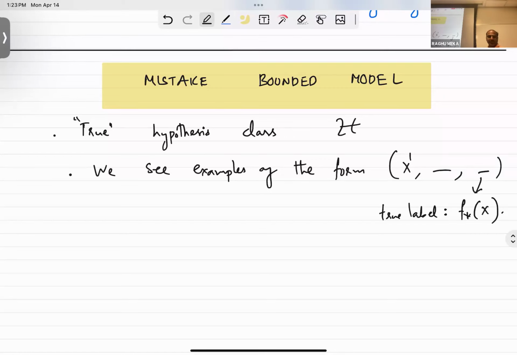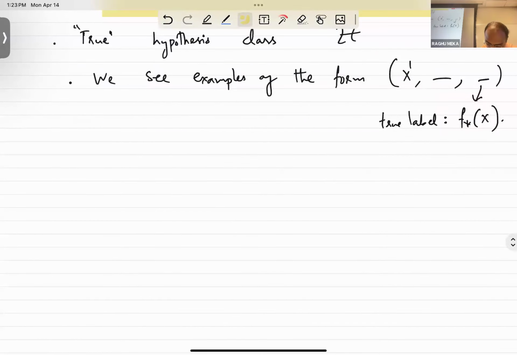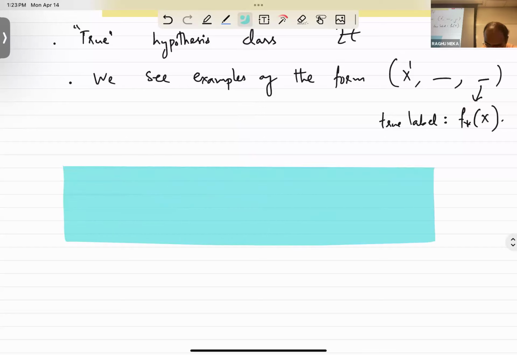Our goal over time is to minimize the total number of mistakes that we make.